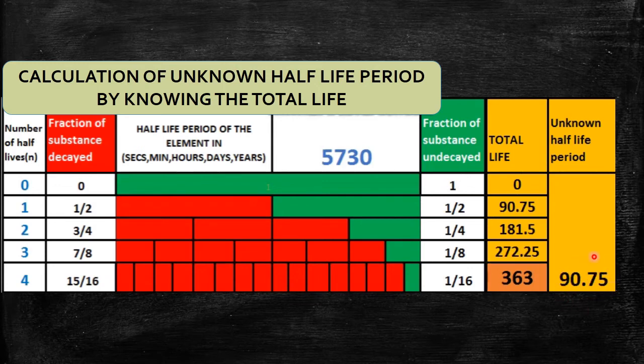The time taken for half of the element to decay, that is the half-life period, is 90.75 days or minutes or seconds. So by knowing the total life, which one could be calculated? The half-life of any element can be calculated. So by using this simple block diagram, the basic knowledge about radioactivity can be clearly understood. Okay.